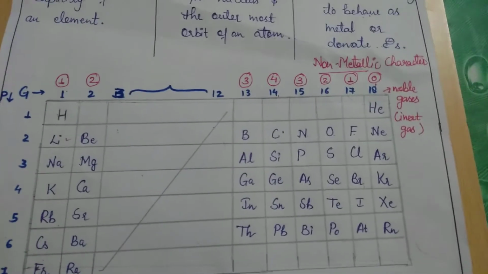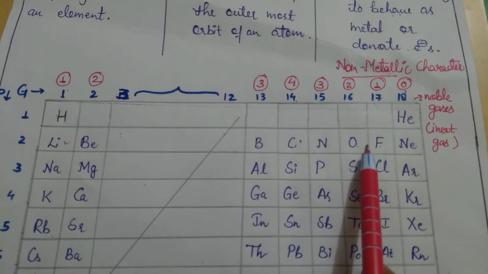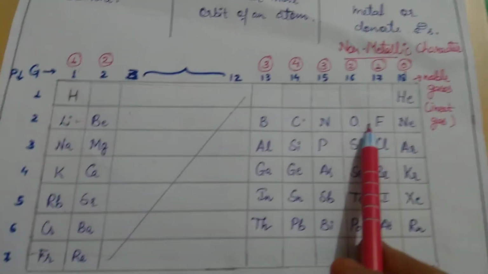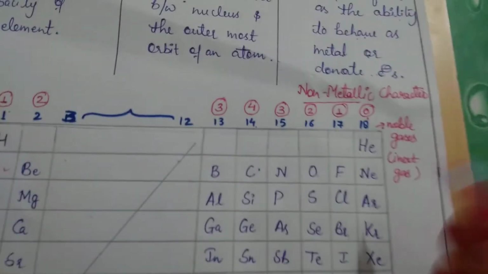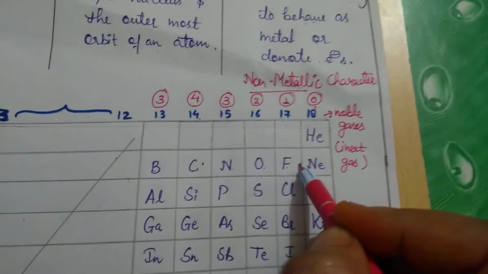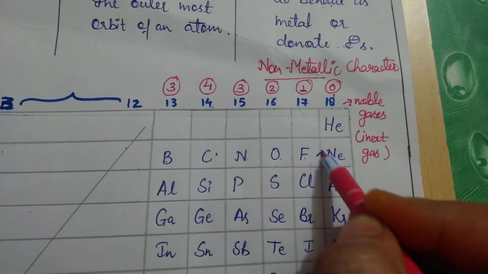So we come to a simple conclusion that the size of the atom from lithium to fluorine will decrease because effective nuclear charge is increasing. And just one exception is there: after fluorine, when you come to neon, the size will slightly increase.